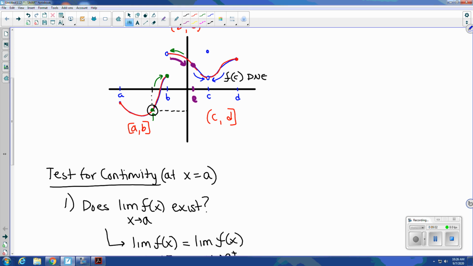But let's say the function output, we had a circle up here. So in this case, f of C is not equal to what that limit was. This point here, where we're approaching, is not equal to what the actual output is. So that's an example where the output doesn't equal the limit.